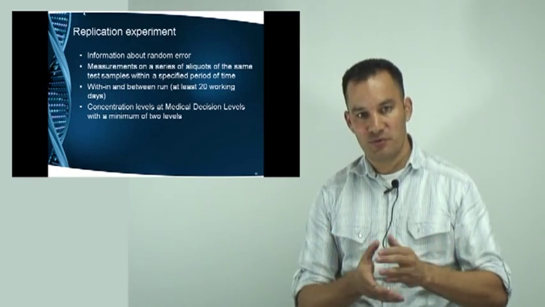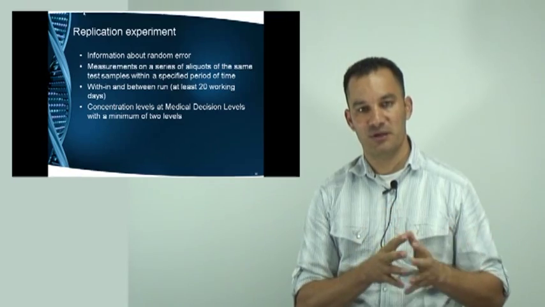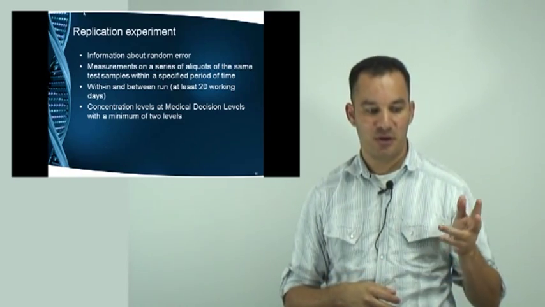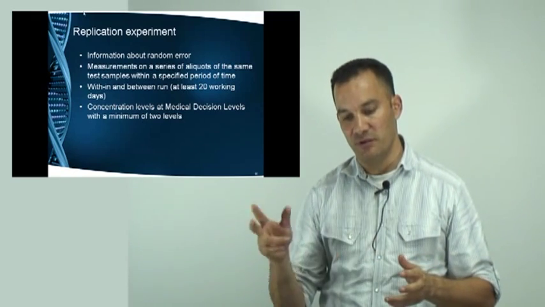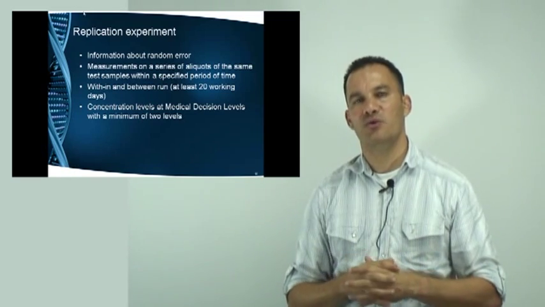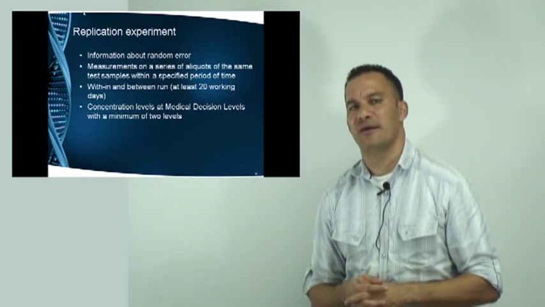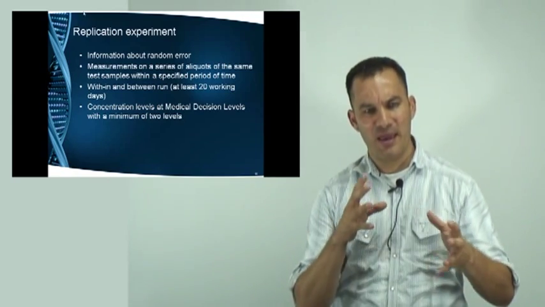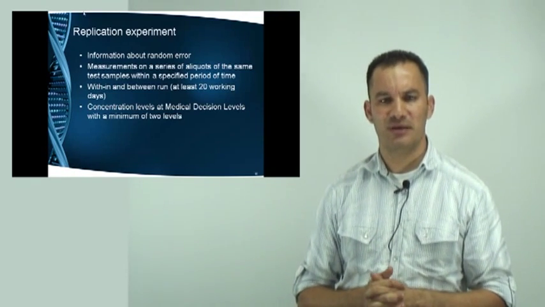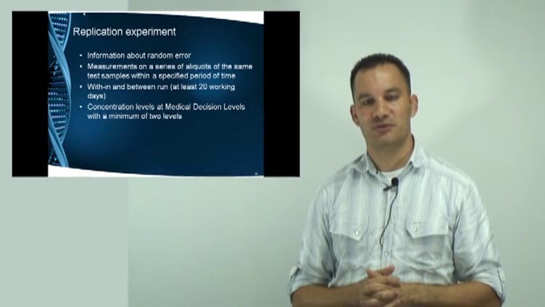It's also the same for the between run, which is being done on more days. So you have to measure the same levels on day 1, day 2, day 3, day 4, day 5. What we see now in the new CLSI protocols is that you get a more comprehensive way of doing the between run, because waiting for 20 days usually is a lot of time, and time is not usually on our hands in laboratories.